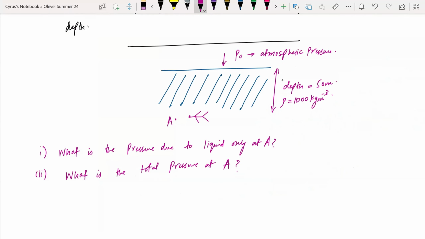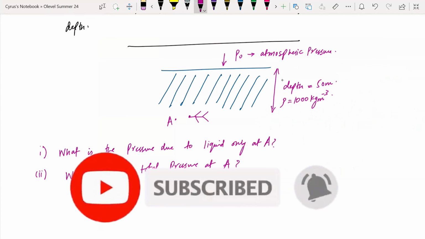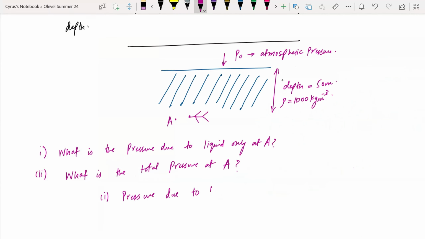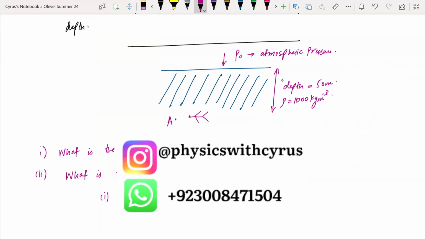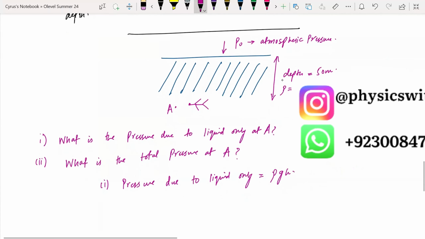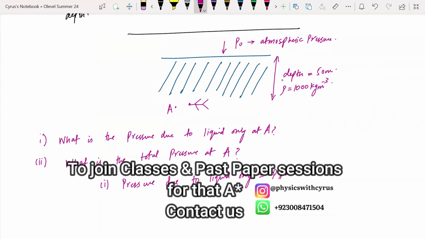Try this. If we talk about the pressure due to liquid only, it would be rho g h. And rho is 1000, g is 9.8, and the depth is 50.